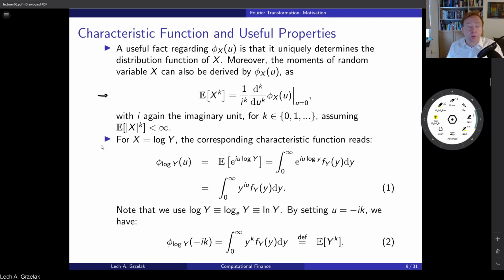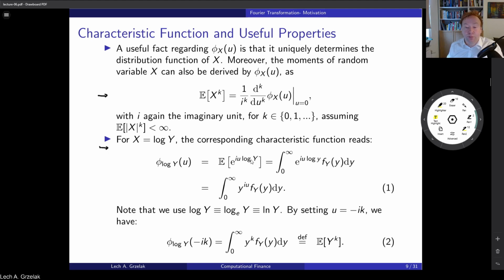Something which is more important, and I will explain in a few seconds why, is the following relation. If we have a variable x defined as the logarithm of y, you can think of x as a logarithm transform of a stock. Let's say it's a geometric Brownian motion and we take a logarithm. Then we have the following relation. The characteristic function of log y at u is equal to the expectation, just by definition, of the exponent of iu log y.